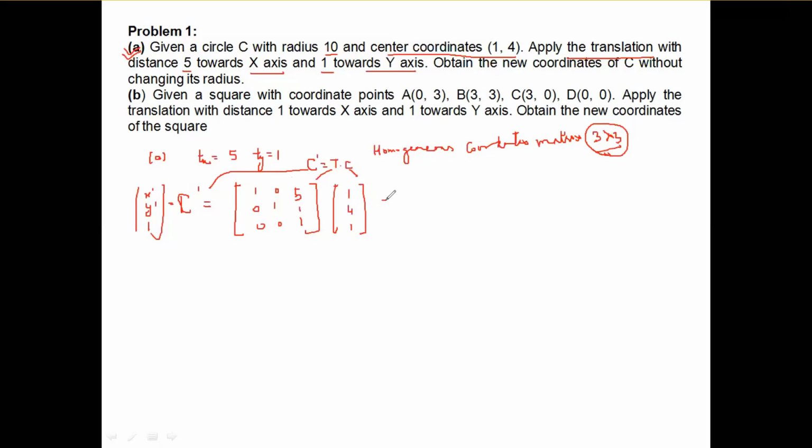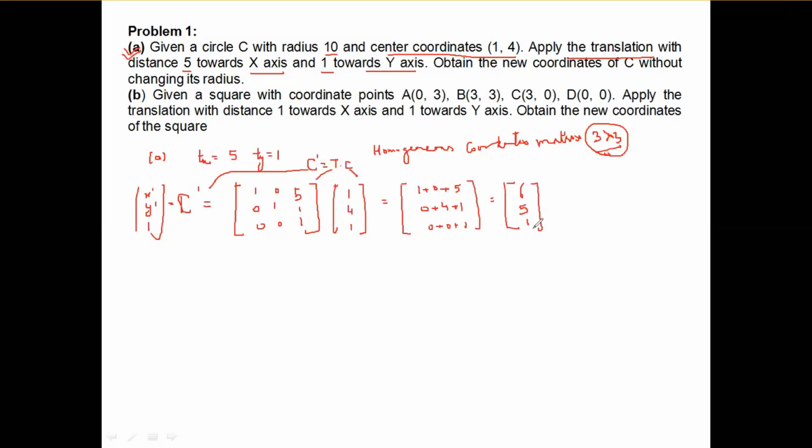So after multiplying it, we will get 1 plus 0 plus 5, that will be 0 plus 4 plus 1, and 0 plus 0 plus 1. So that will lead to 6, 5, and 1.